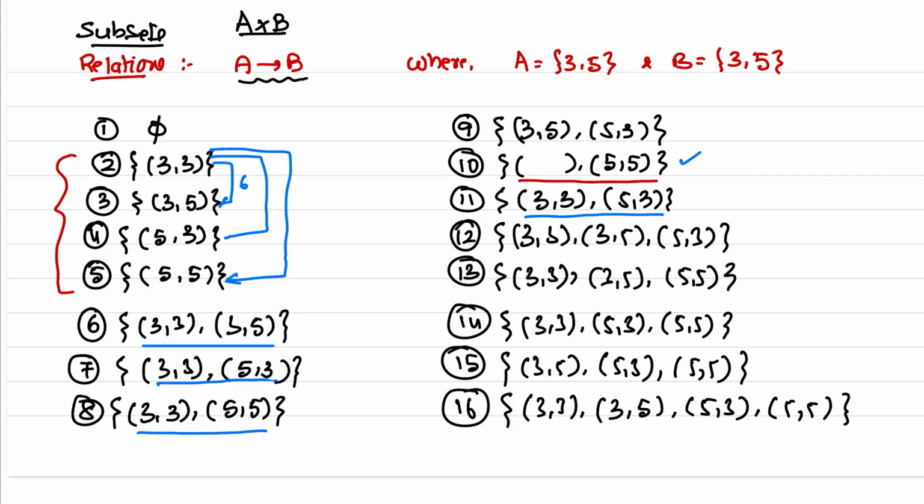Next, 3553, correct? 3555, correct? 5355. 5355.